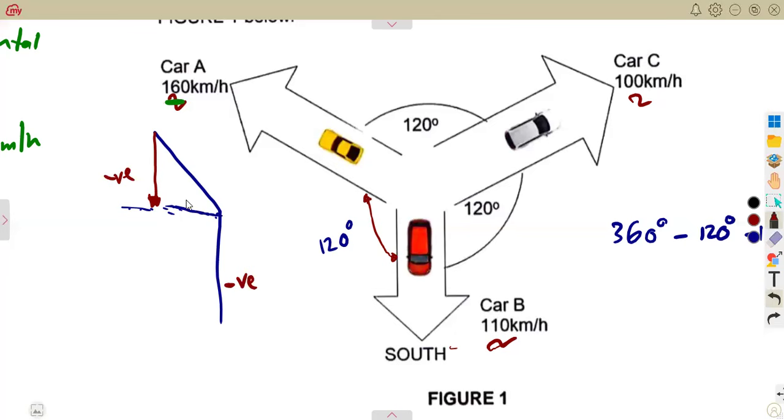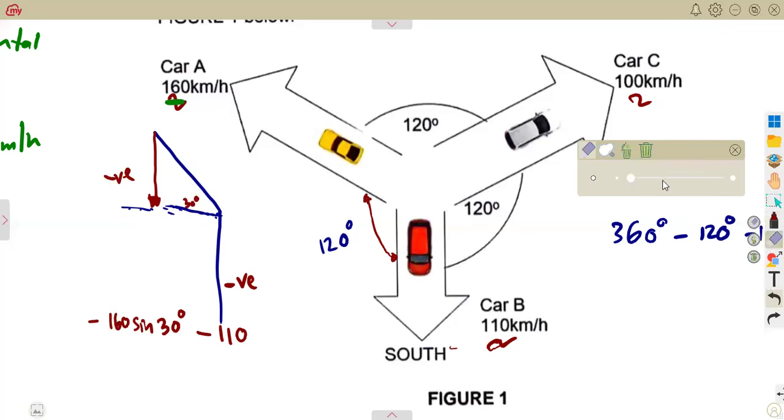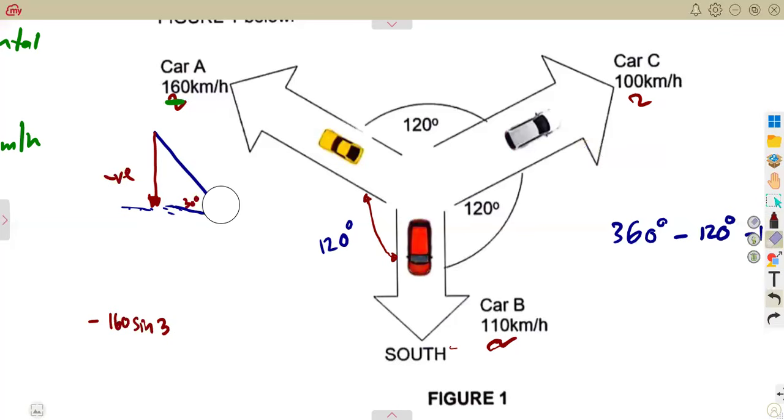So if you're working with the angle of that, it was supposed to be negative. You're supposed to use it as a negative because the vertical is going down. So you use it as negative 160 sine of 30. Then this one as a negative, it's a straight vertical as it is. So it's going to be a straight minus 110. So that is what you're supposed to correct on that part. All right. Just make sure you do correct that part from our memo.